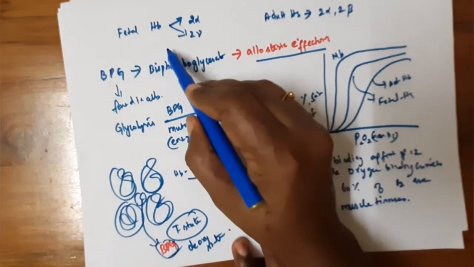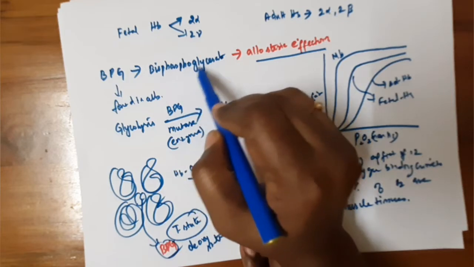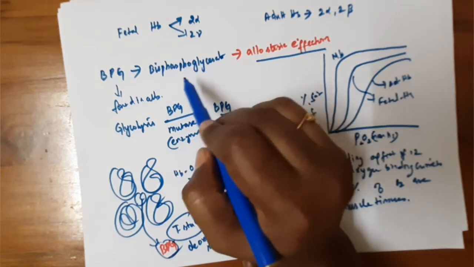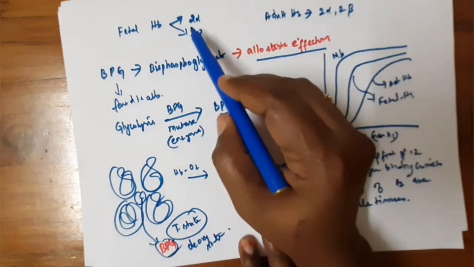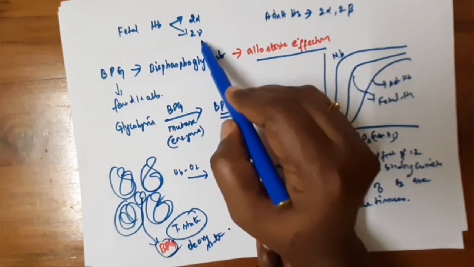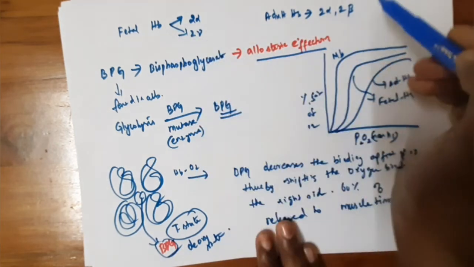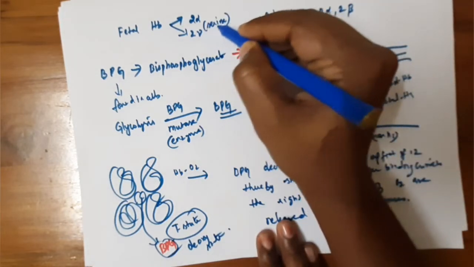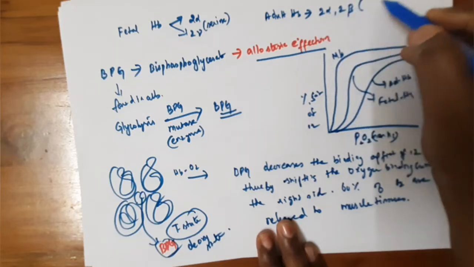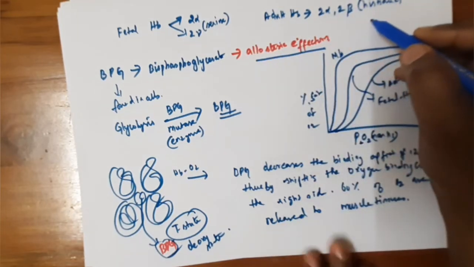But in fetal hemoglobin, there is no such bisphosphoglycerate, that is, it does not contain any allosteric effectors, because it contains 2 alpha 2 gamma globin proteins instead of 2 beta. Instead of histidine residues, as in adult hemoglobin, it contains serine residues.